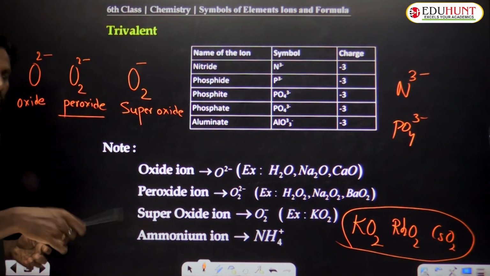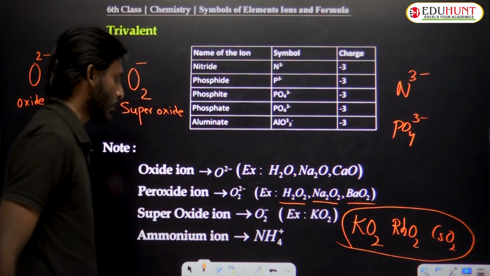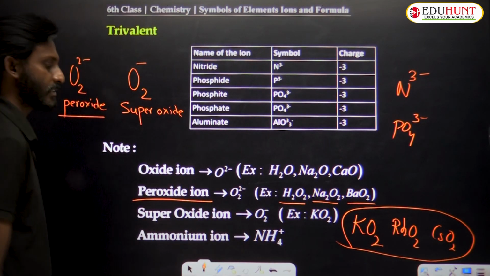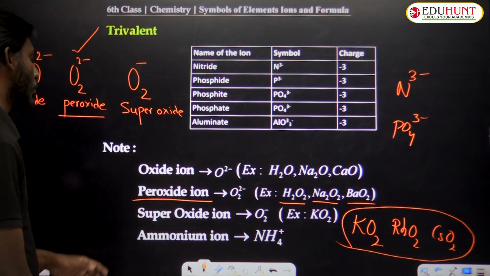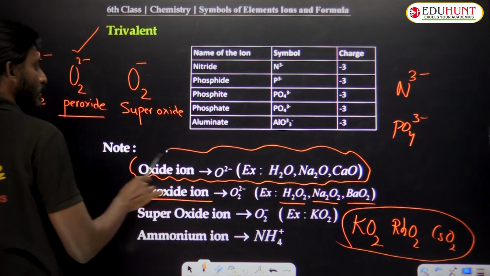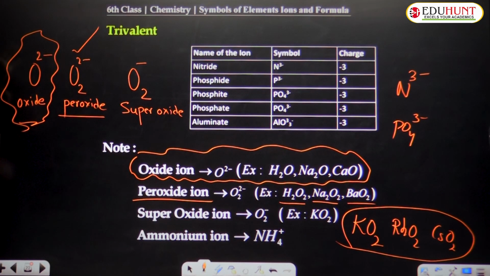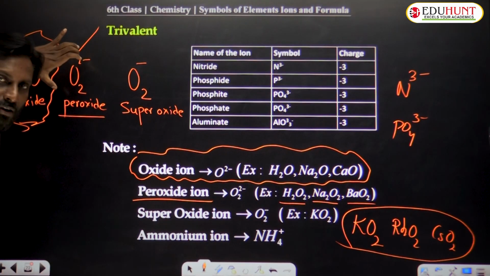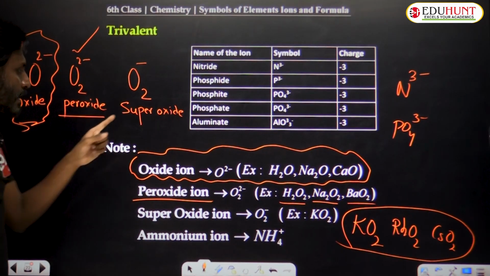Peroxides have some more examples: H2O2, Na2O2, BaO2. In all these, oxygen exists as O2 2 negative. The most abundantly available oxygen anion is oxide. So mostly oxygen exists as oxide, in some examples it will be peroxide, rarely superoxide.